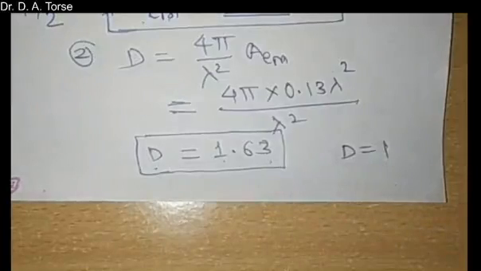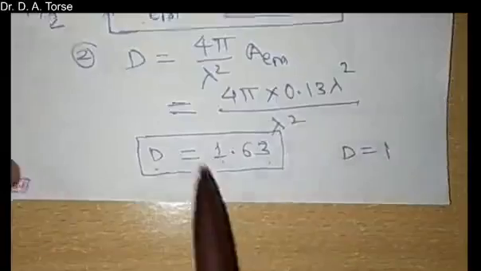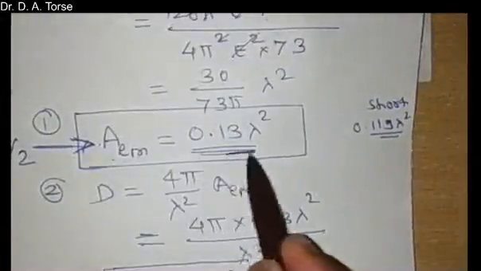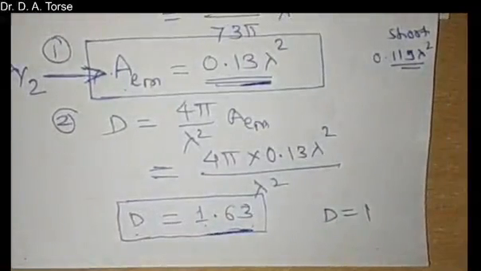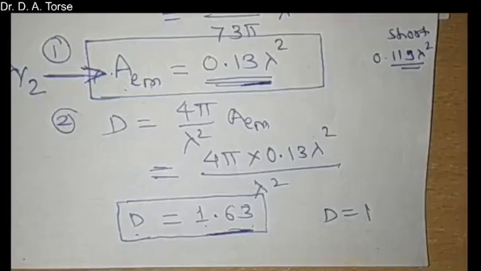So this is about the lambda by 2 dipole, its maximum effective aperture and its directivity. With this we conclude that we have derived two equations: the effective aperture of the short dipole in the previous video and of the lambda by 2 dipole in this video. In the next video we will discuss the self-learning topic, which is polarization of an antenna. Thank you.